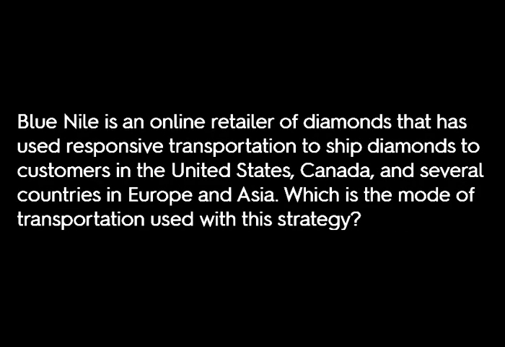Lower inventories. Blue Nile is an online retailer of diamonds that has used responsive transportation to ship diamonds to customers in the United States, Canada, and several countries in Europe and Asia, which is the mode of transportation used with this strategy. Air.